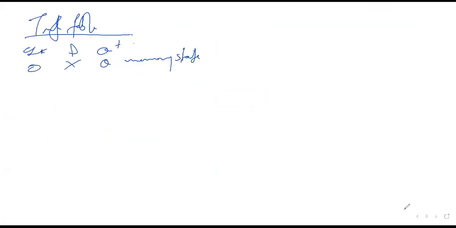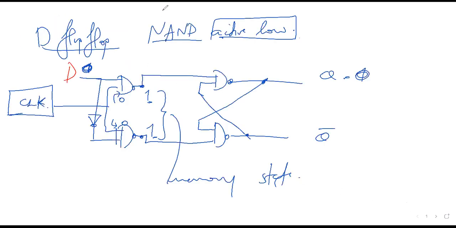So going back to where I was, I was explaining what happens when the clock is 0. And I said when the clock is 0, for NAND 1 and NAND 2, if the input is 0 for a NAND, then the output automatically is a 1. Now, if I have a 1, 1 for these NANDs, this is what we call the memory state.